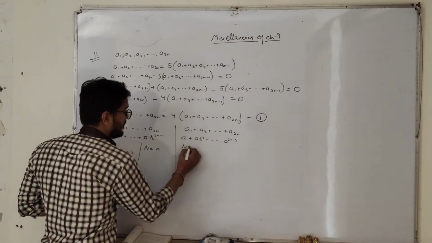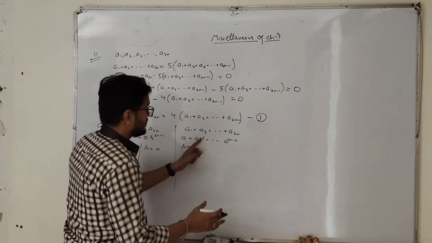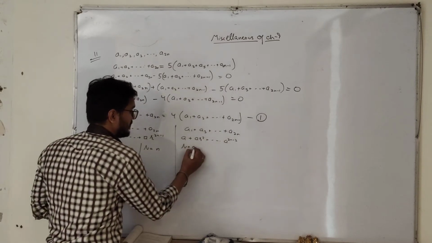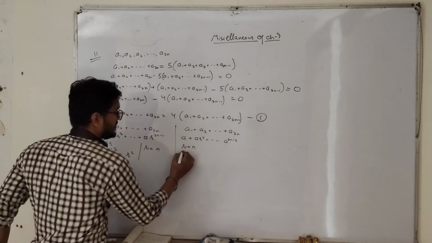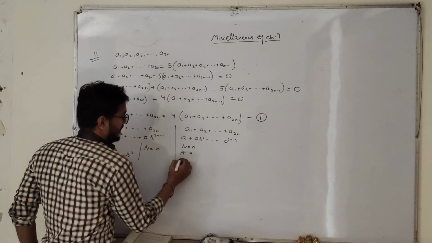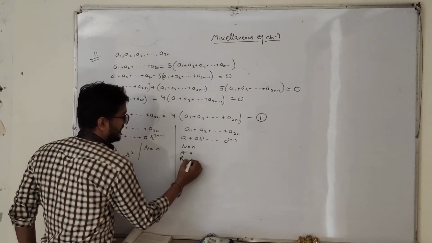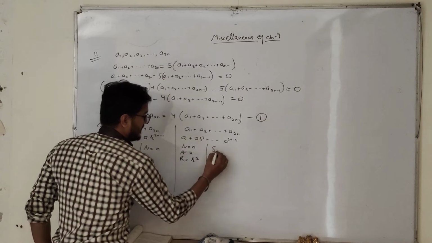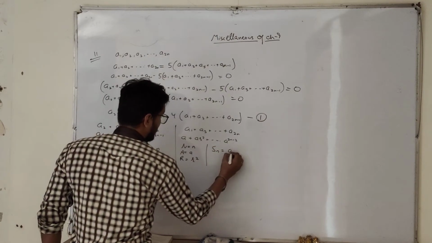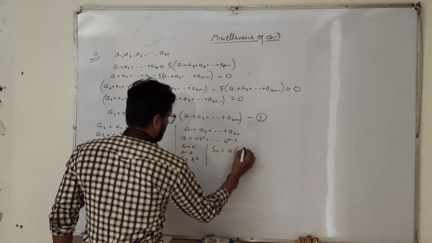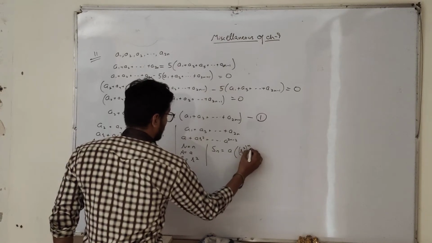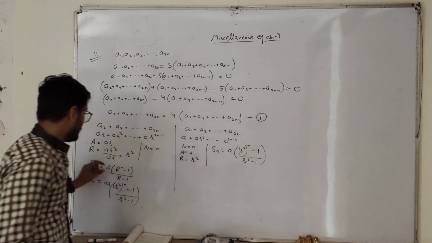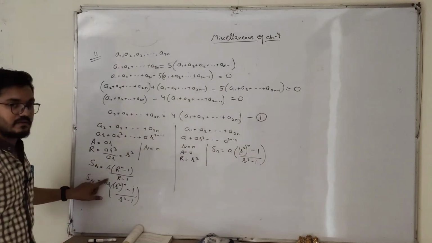From this to this we have n minus 1, and this is n, so total number of terms are n. First term is equal to a and common ratio is ar square upon a, which is r square. So Sn is equal to a (r square raised to the power n minus 1) upon r square minus 1. Same formula we have used.